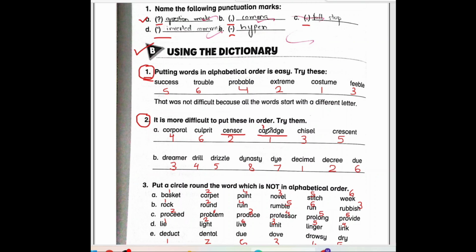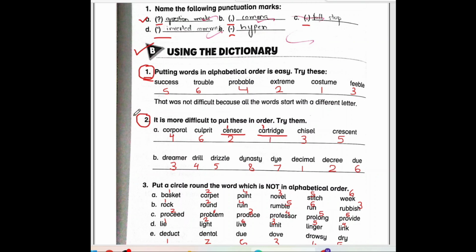Here the next letter is A, and here the next letter is E. So how can we put these words in sequence? By looking at the first alphabet. If the first alphabets are the same, then we have to look at the next alphabet, and if the second alphabet is the same, then we have to look upon the third alphabet. So it goes on like this.